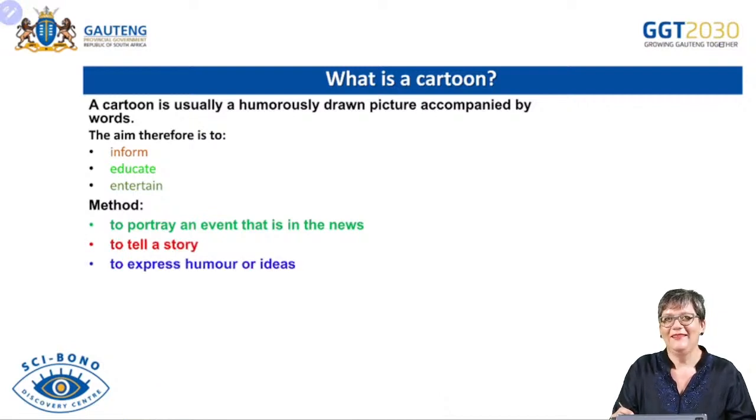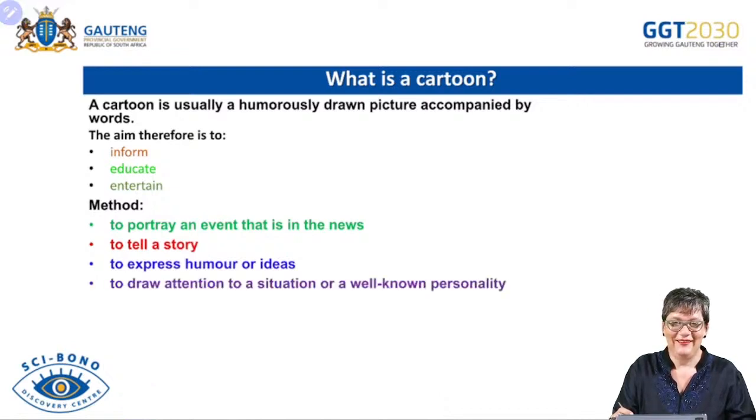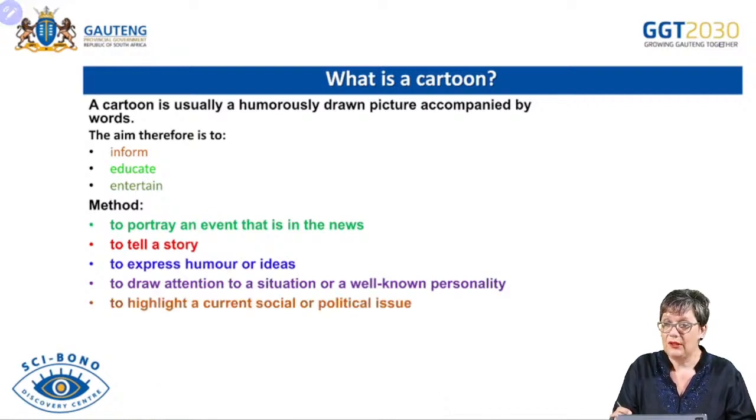And obviously, they use humor to express their ideas. They can include a well-known personality or a situation that's well known and remind us of it. Or they can talk about a current political issue or even a social issue. And that's why I say again, you have to know what's going on in the world.